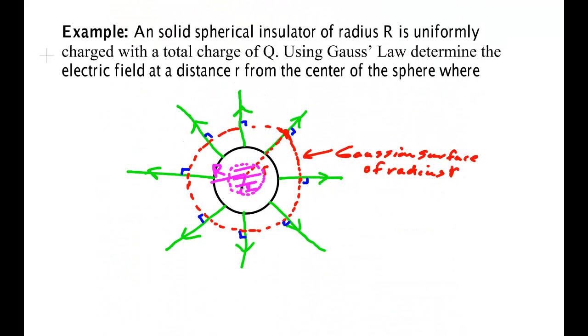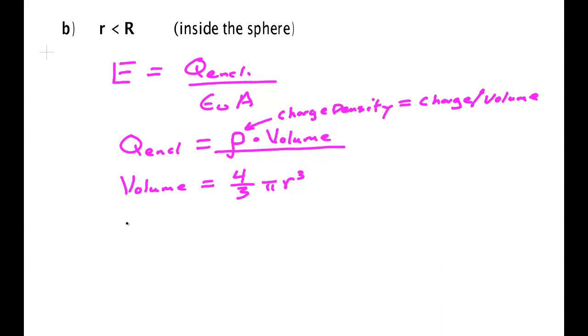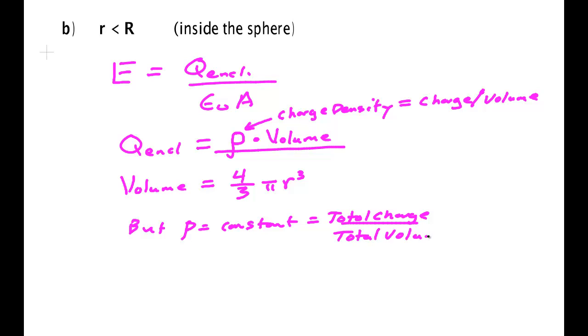This volume is the enclosed volume, not the total volume. Assuming that rho was constant, equal total charge over total volume. So we could compute it for any volume, but I happen to know if you take the whole thing, then it's 4/3 pi big R cubed on the bottom, but I know the total charge big Q.